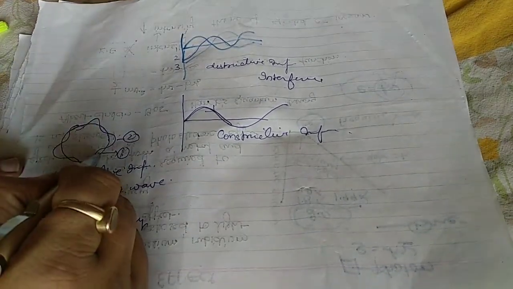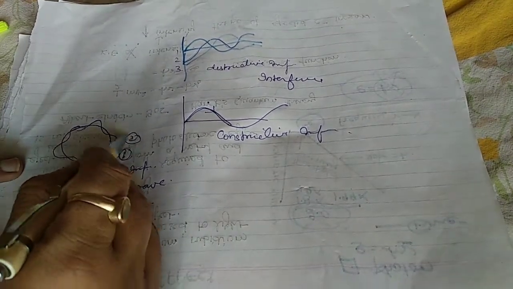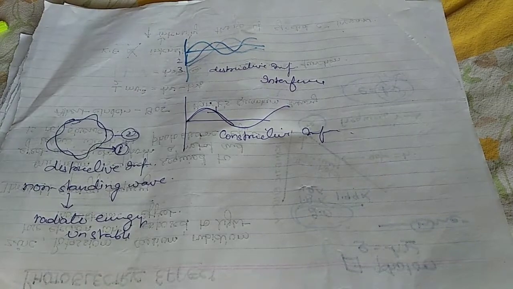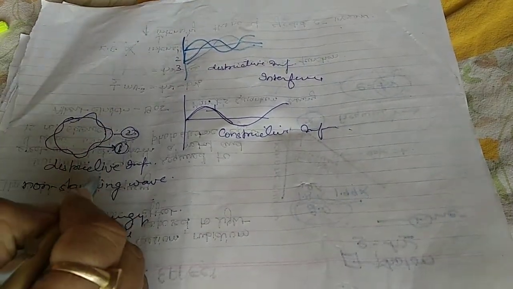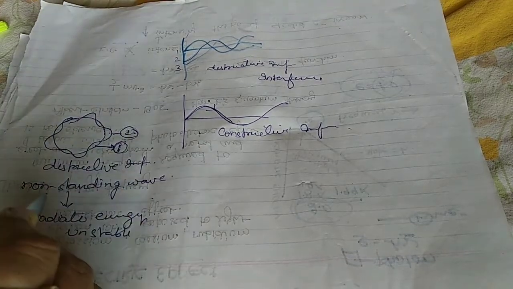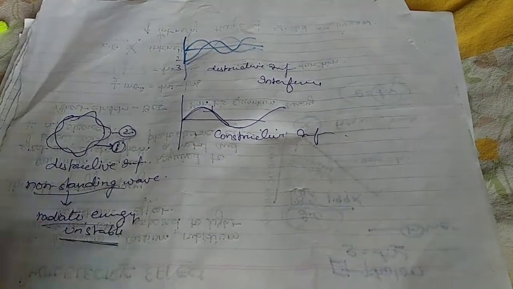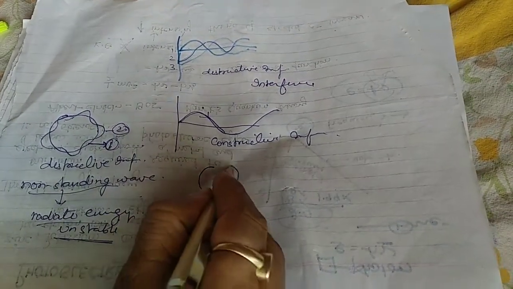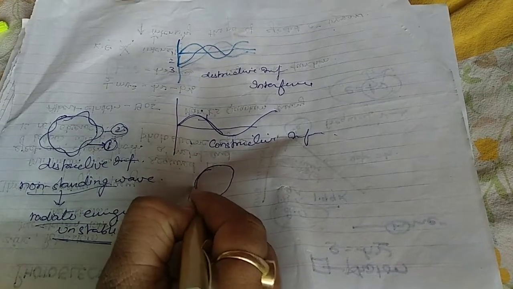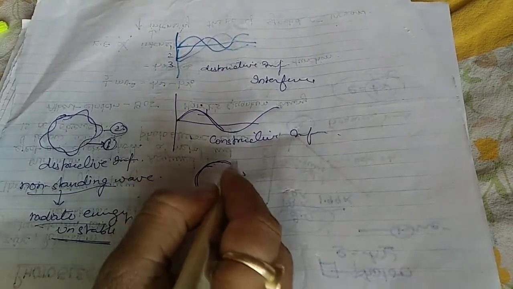See, suppose this is the orbit of energy level 1 and this is the orbit of energy level 2. Both have different energies. So both will produce destructive interference and the wave will be non-standing, it will radiate energy and will be unstable. But suppose two waves are on each other and are moving together.